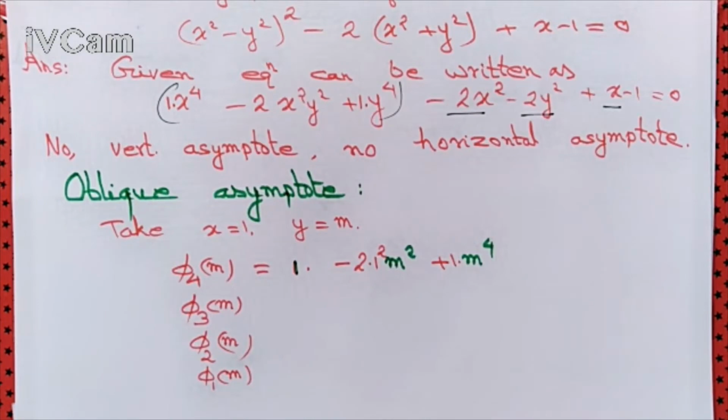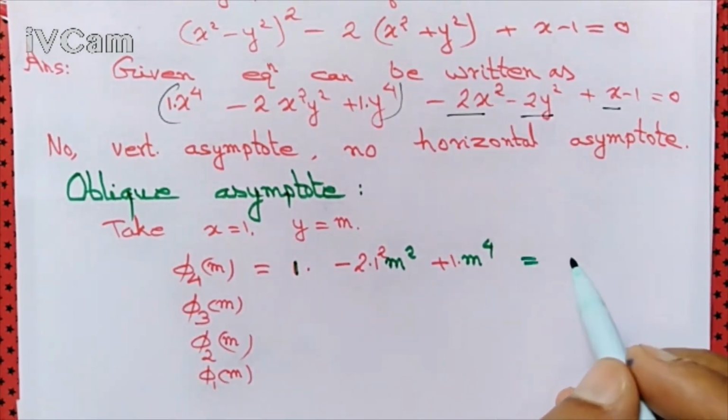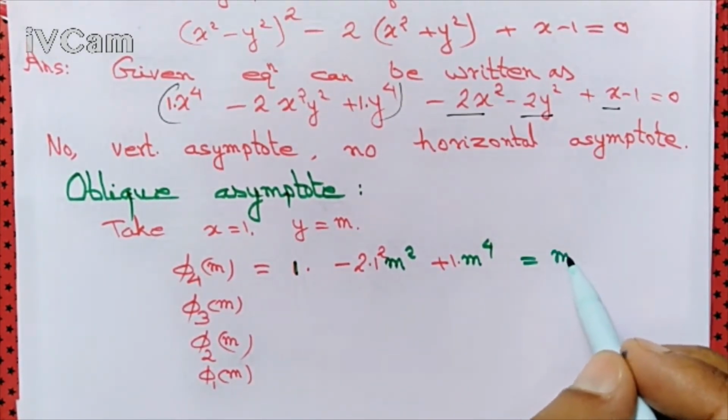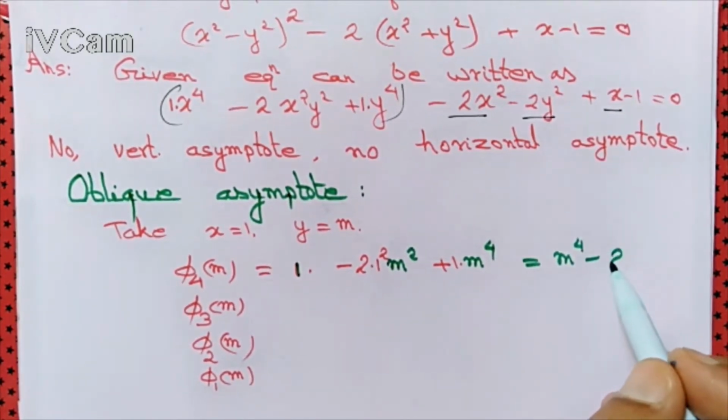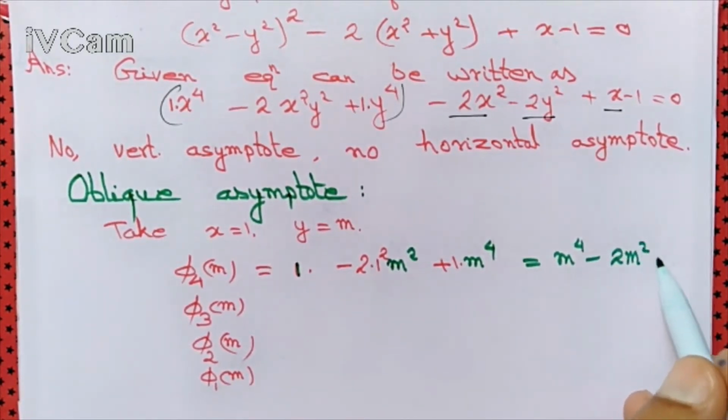So that's equal to m to the power 4 minus 2m squared plus 1.